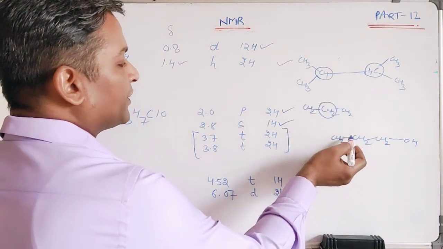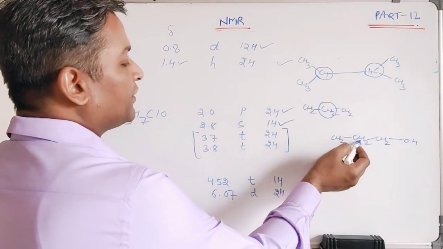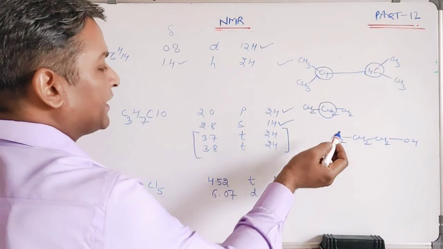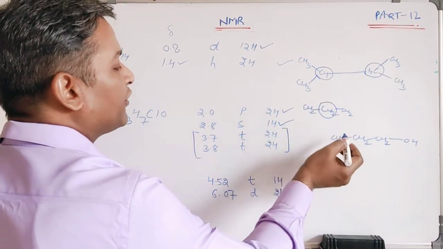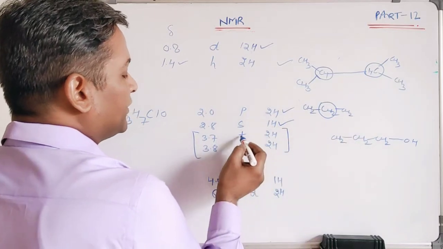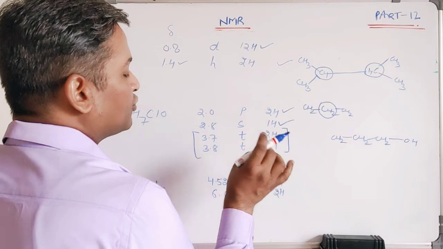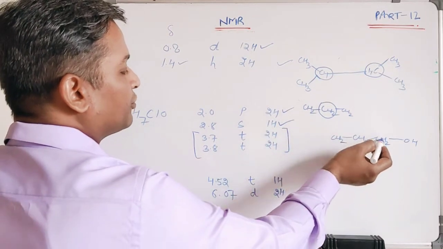So this moiety must be there. The basic structure of the compound should be CH2, CH2, CH2. Why am I writing this? Because a pentet will come only when we have CH2 neighboring CH2 and CH2, and these two triplets indicate there must be a CH2 CH2 group.